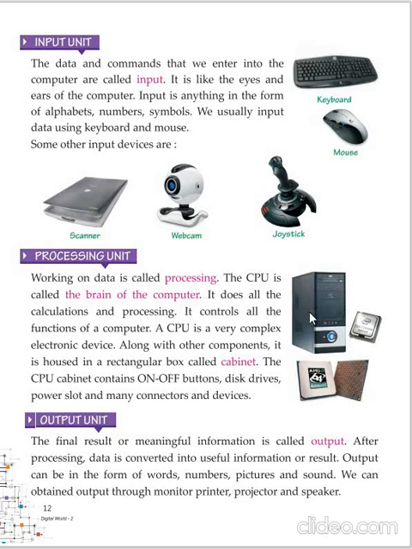Now, processing unit. Processing means working on data. CPU is the processing unit of computer. It is also called the brain of the computer. It is like this rectangular box which we call cabinet. It contains on and off buttons, disk drives, power slots, and many connectors and devices. So children, CPU is our processing unit.